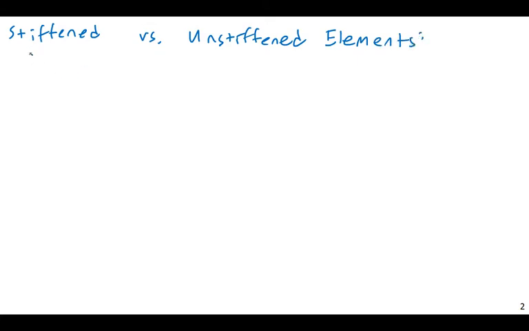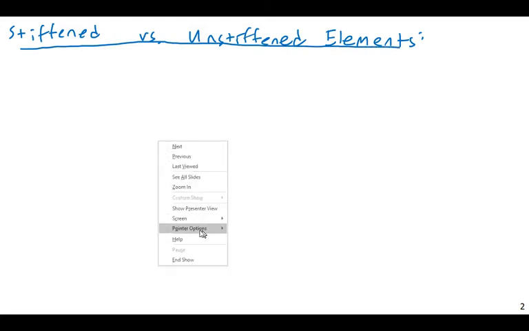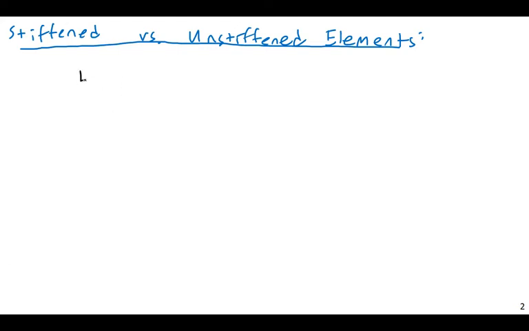So in terms of cross-section, what do we mean by stiffened versus unstiffened elements? Well, let me draw two generic wide flanges, one here and one here.